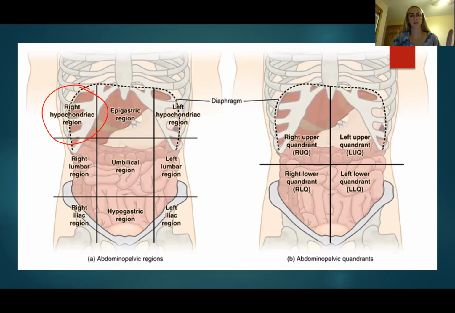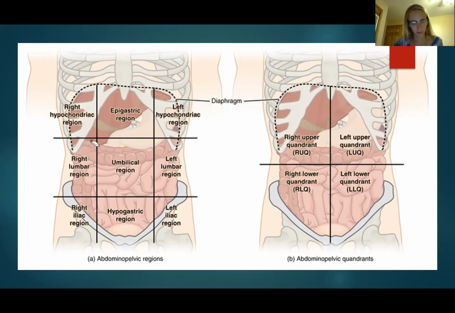It says right, but to me and you, that's our left because we're facing straight forward. So you'd have to turn around and then say that's your left. So especially when it comes to your lab exams, you'll have to make sure you're looking at which side's actually left, which side's actually right, if you're comparing it to your own body.